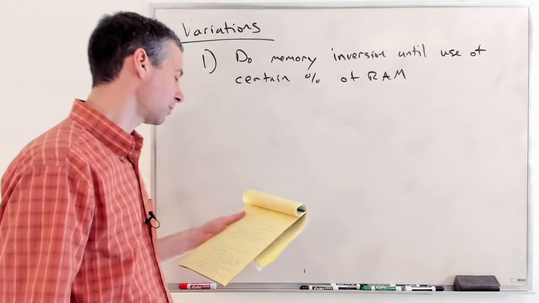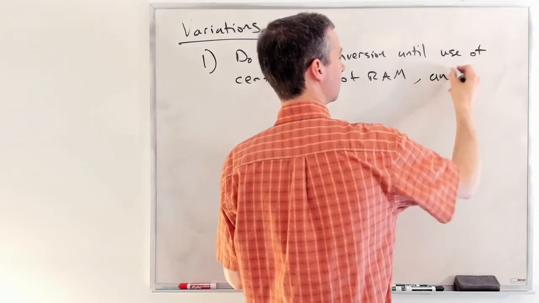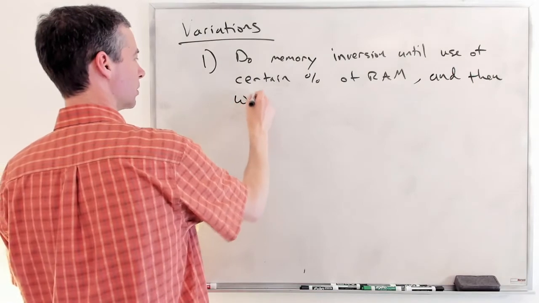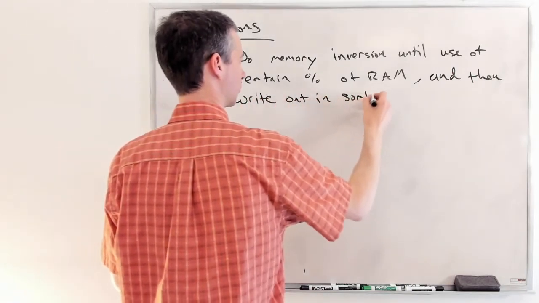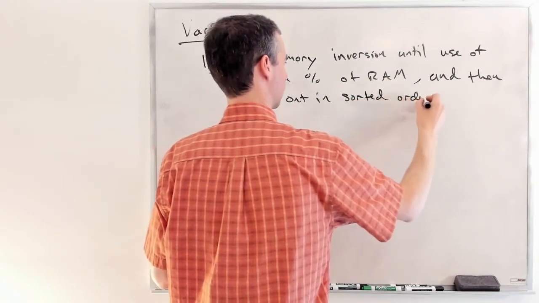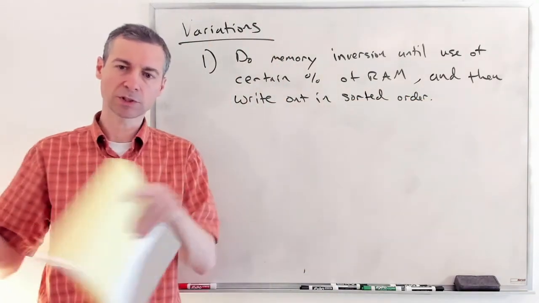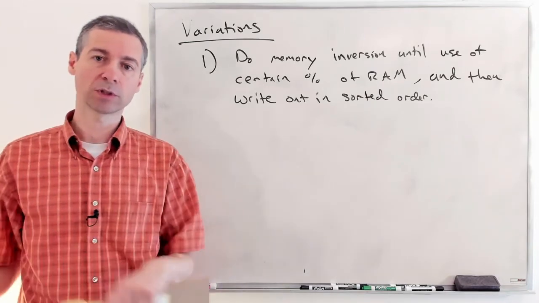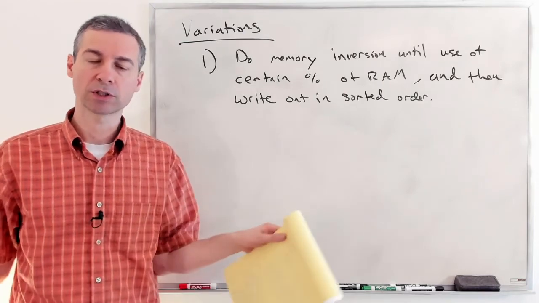And then write out in sorted order. So you would basically be writing out these sorted chunks, and if you kept track of where those chunks were as you wrote them out, you would be prepared to do your merge immediately.